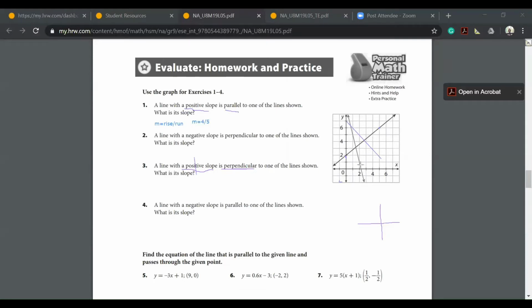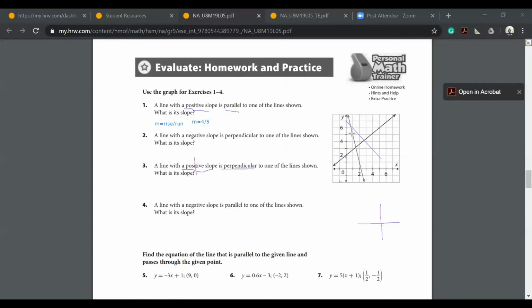It will actually be perpendicular to the second line. Let's try to graph a perpendicular line for the second line. I'm just doing something with my mind, trying to imagine a perpendicular line.